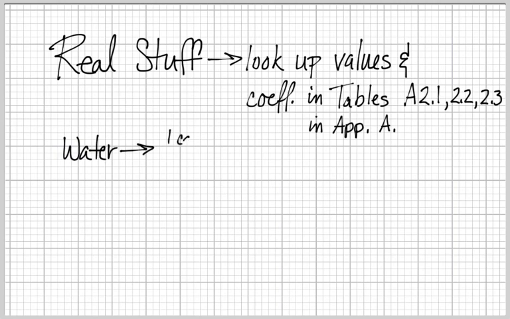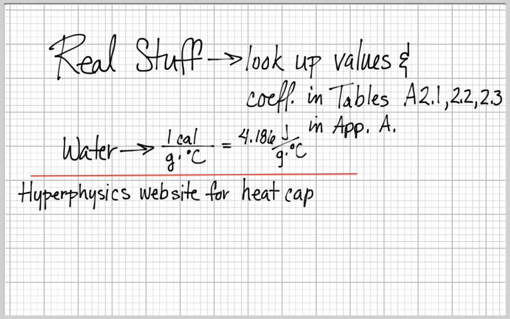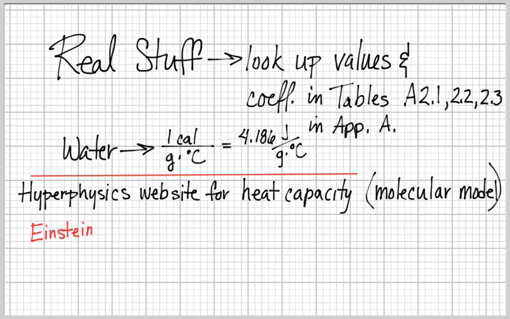But you already know one. You should know one very well, and that is the heat capacity of water. Under normal atmospheric conditions, that's going to be 1 calorie per gram per degree Celsius, or 4.186 joules per gram per Celsius. I put that in there because it's so common. We do so much with water. We should know about a general heat capacity term.